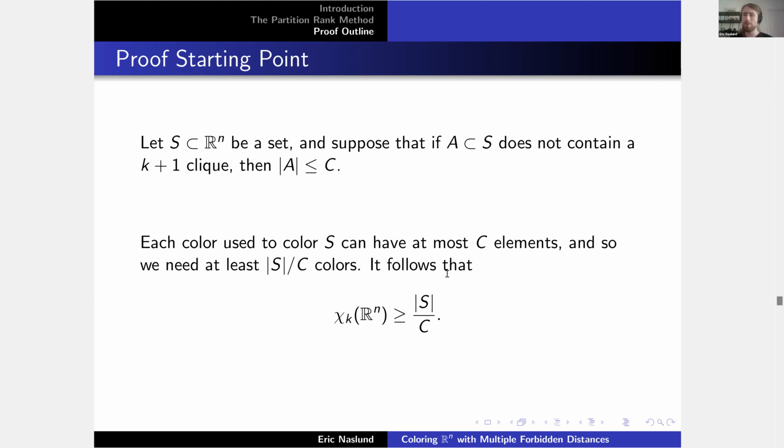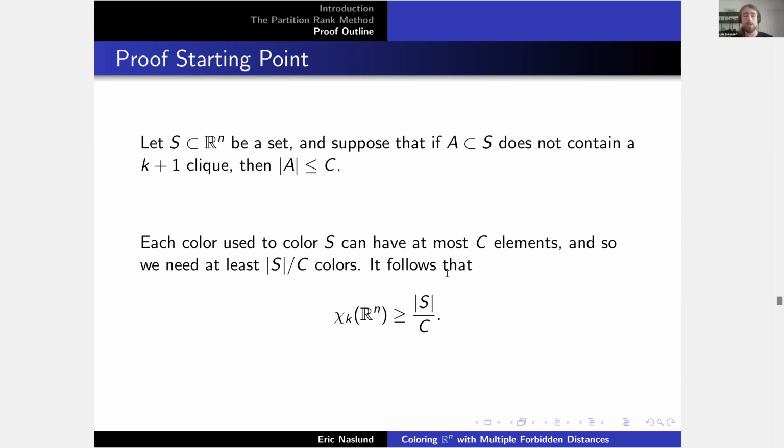So this is the framework in which these proofs work. I'll take one other note here. I mentioned two results at the start, one for just the chromatic number and then one for k+1 cliques, but the proof for both is the exact same. We just use the partition rank. A person could think of it as a different proof in the case of single distances, because the partition rank is then just the matrix rank, but it's the exact same proof and goes through for all of it.